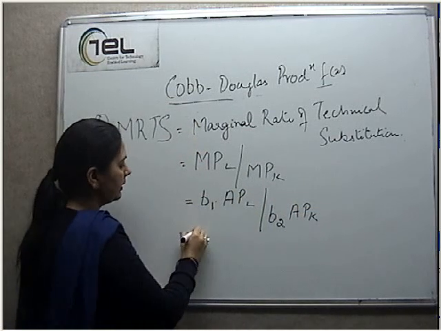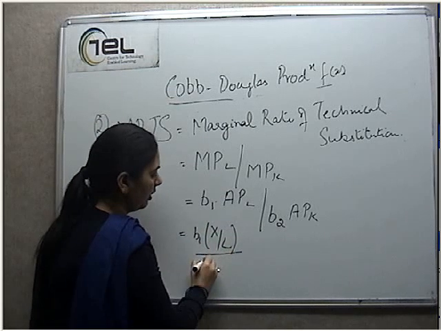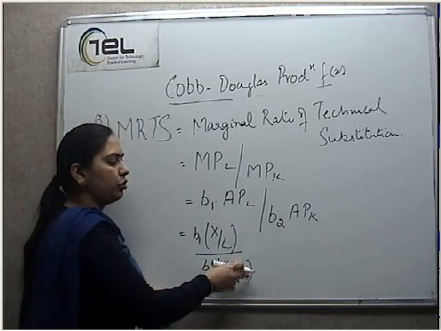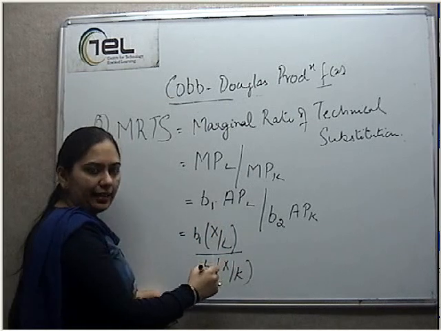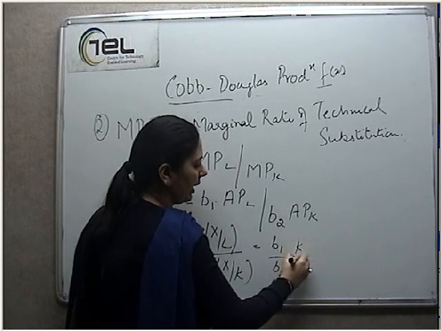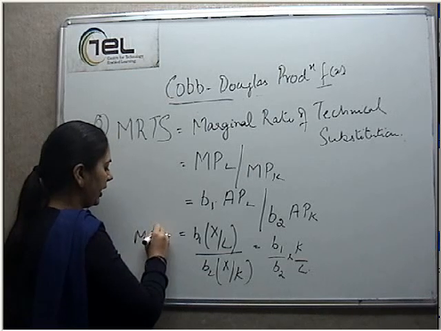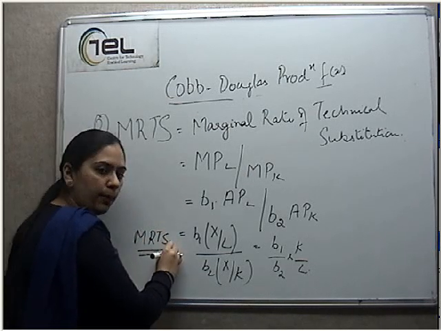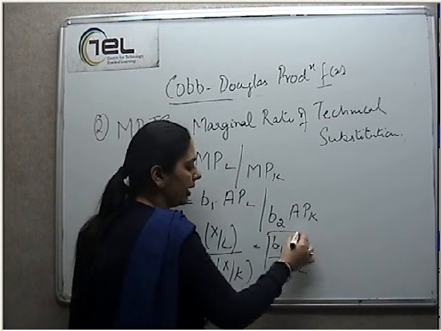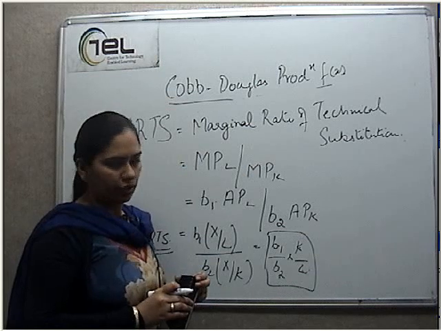That means it is B1 into X by L upon B2 into X by K. Now when I take this to the numerator, first of all X gets cancelled and what we are left with is B1 by B2 into K by L. So our property says that the marginal rate of technical substitution, which is the slope of the isoquant, is nothing but B1 by B2 into K by L. This is our second property of the Cobb-Douglas production function.